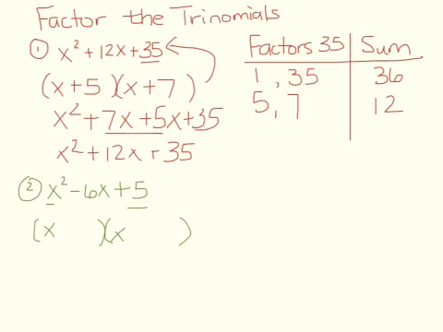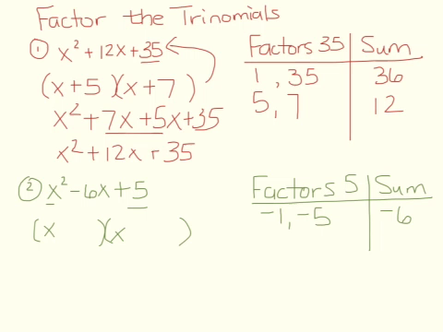And the only way to make that happen is to make the 1 and the 5 both negative. Because negative 1 times negative 5 is still positive 5, but when I add negative 1 and negative 5 together, I will get negative 6. So x squared minus 6x plus 5 factors to x minus 1 and x minus 5. Or you could put x plus negative 1 times x plus negative 5.